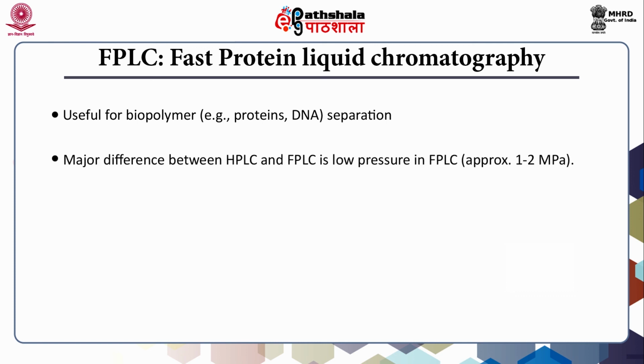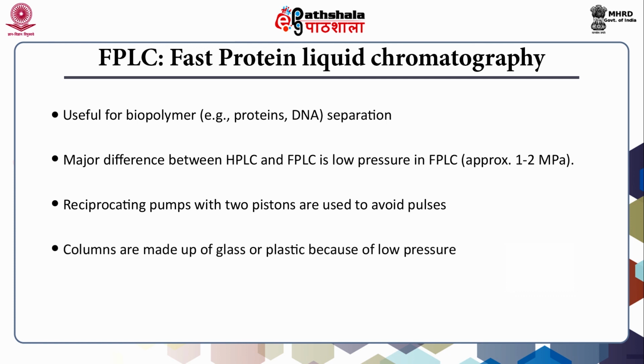The major difference between HPLC and FPLC is lower pressure in FPLC compared to HPLC. In FPLC we can also use reciprocating pumps, but they should have 2 pistons to avoid the pulses.